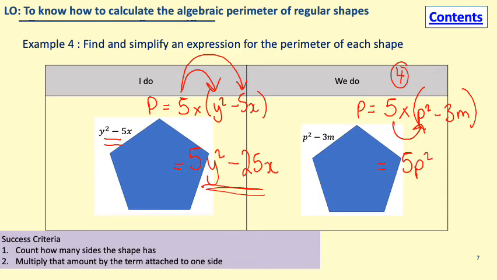Then we have to do 5 times by negative 3m. So a positive 5 and a negative 3 means that we're going to have a negative answer. 5 times 3 gives us 15. And then we need to remember that we're still also multiplying by m. And there you go, there's your answer. Well done if you're getting these right. Give yourselves a mark if you are.